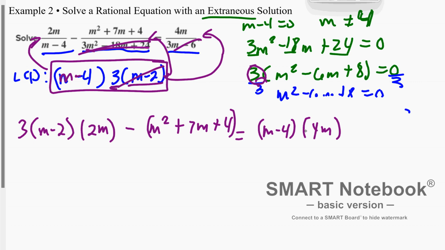Okay, and now we can just simplify, right? We can distribute this 3, distribute the 2m, so I'll multiply this first. So 3 times 2 is 6m, then times this m would be 6m squared, and then 6m times this negative 2 is negative 12m. Perfect. Distribute the negative.